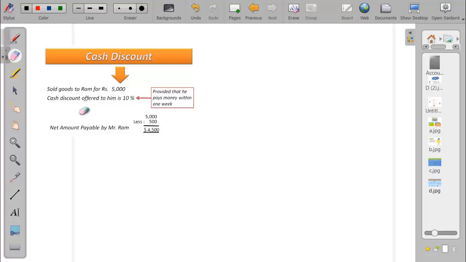The name of the person, Ram, is given. So it is credit sale. Is that clear? Now what is the amount? 5,000. We sold goods to Ram for dollar 5,000. Is that clear?